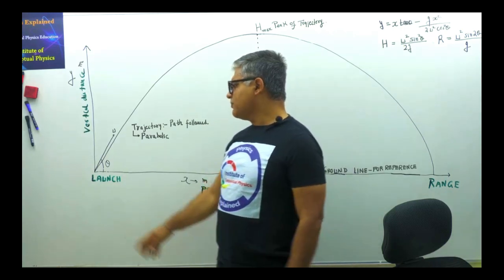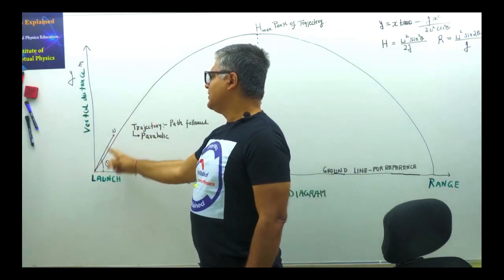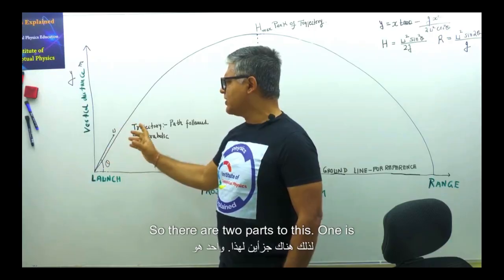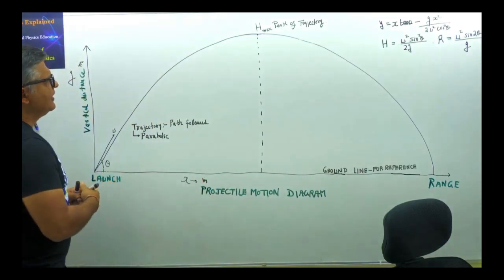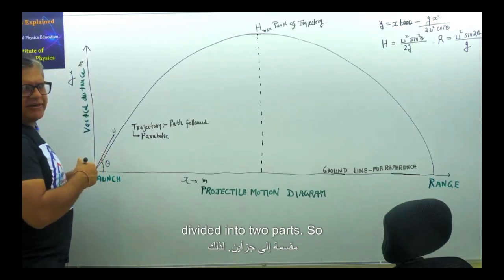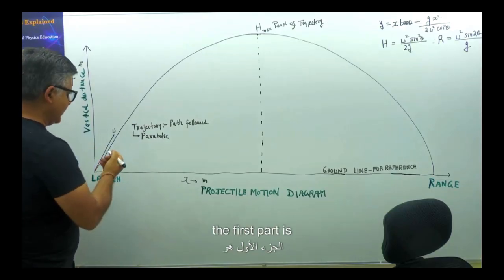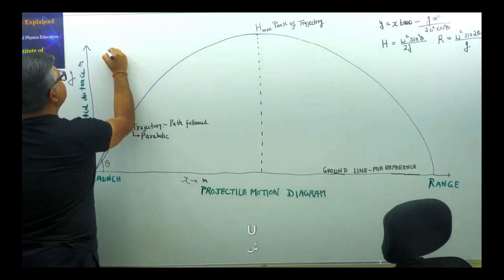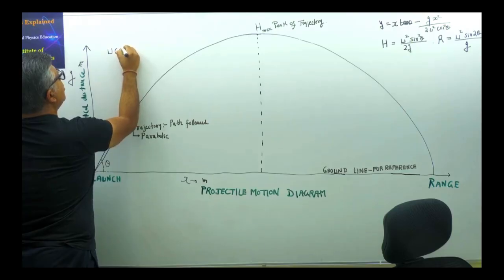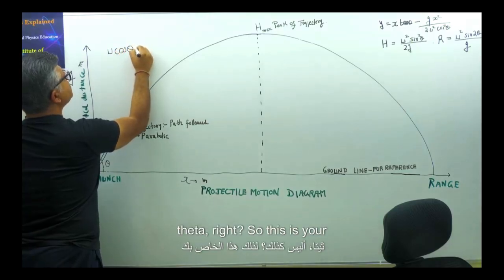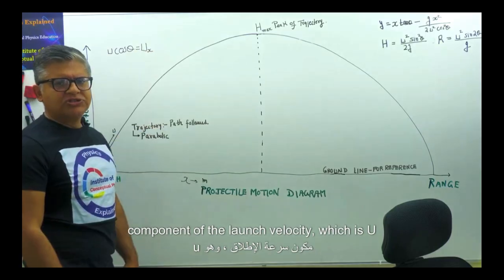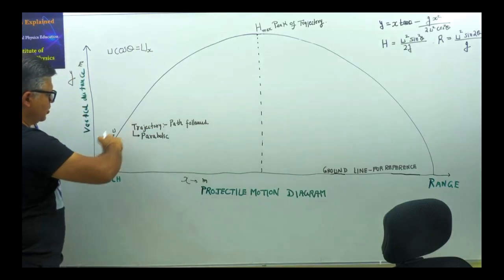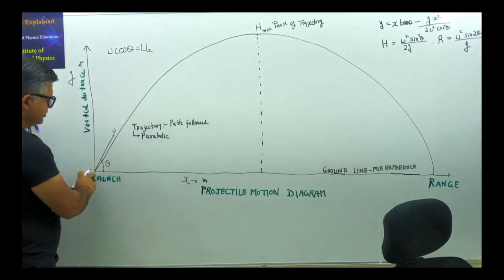Now, when you launch it, there are two parts to this. The initial velocity is divided into two parts. The first part is u cos theta, which is the initial x component of the launch velocity u at the point of launch.